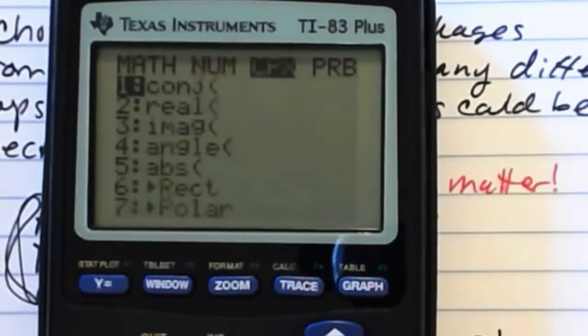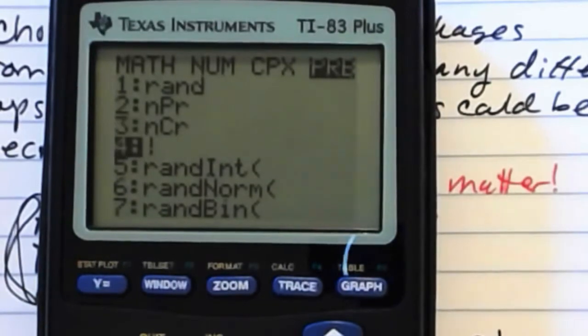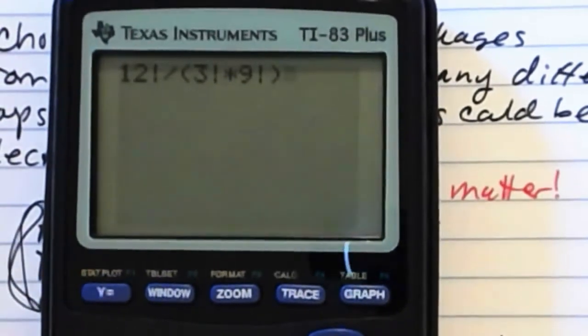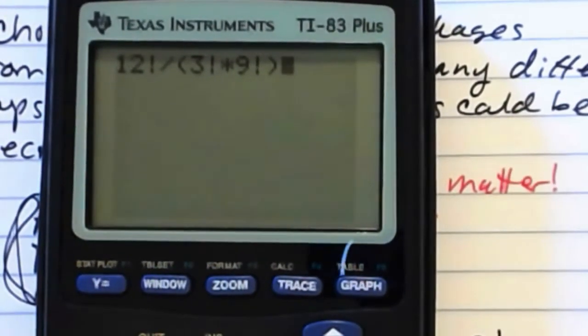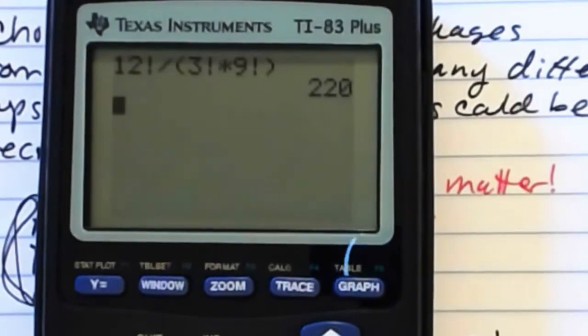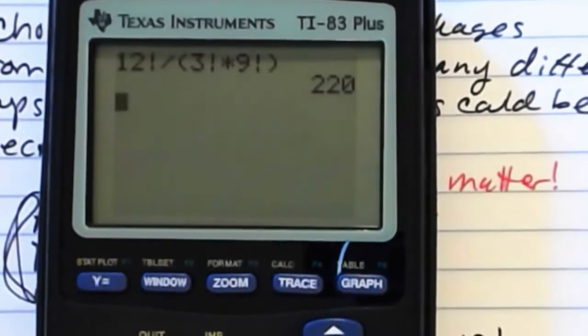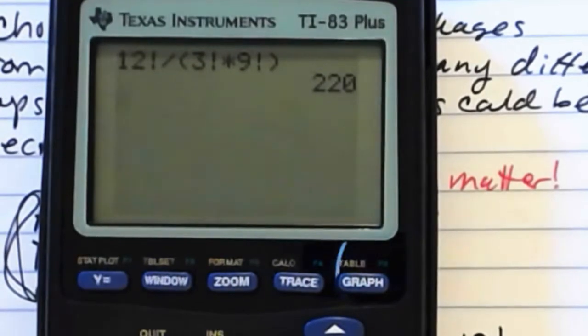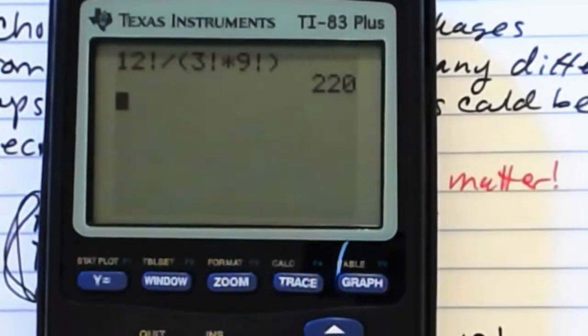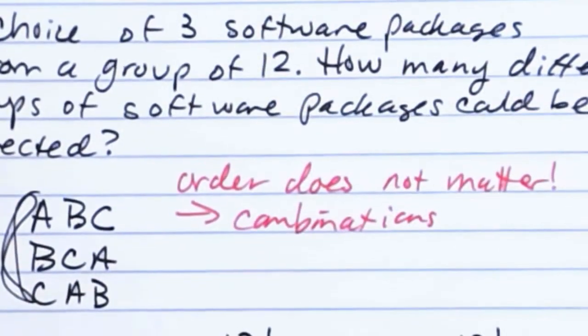Math, probability, factorial. Close out my parenthesis. And this tells me there are 220 different ways that I could do that. Okay, 220 different ways of selecting 3 pieces of software from a group of 12.